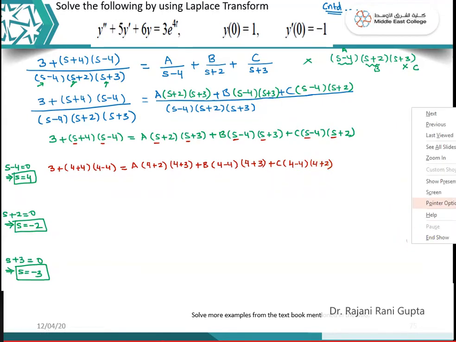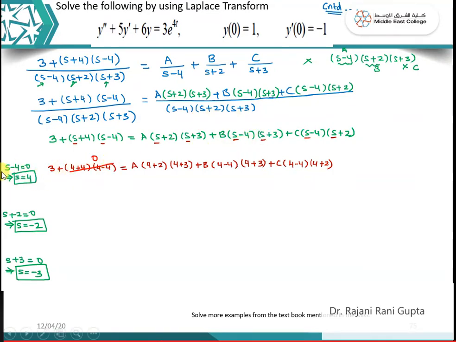See, it's not necessary that every time you write such things. You can sometimes do it directly. Like, 4 minus 4 is 0, so this factor is going to be 0. So you can directly write 0.